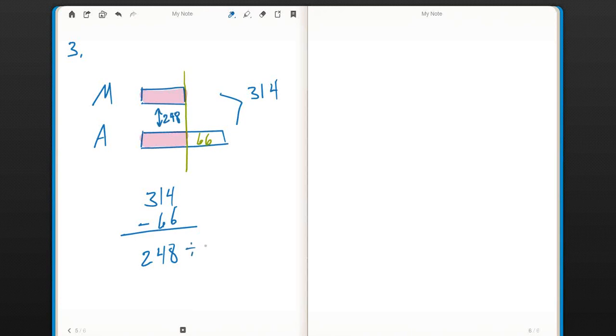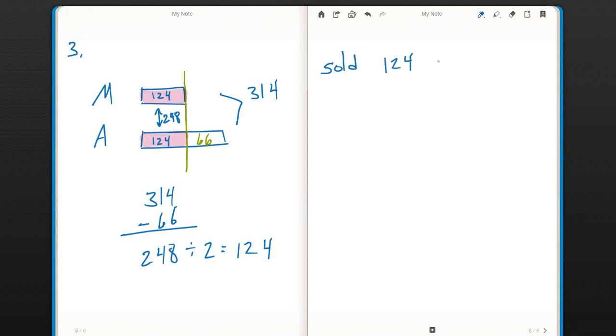But that's in 2 groups, so I would divide that by 2 and find that there's 124 per group. So this pink one is 124, and this pink one is 124. Those 2 groups are equal. The question asks how many did she sell in the morning, and so we're saying that she sold 124 bottles in the morning.